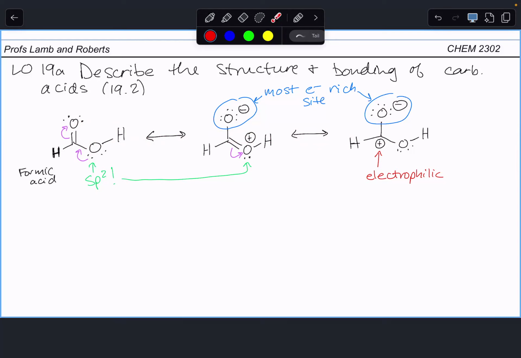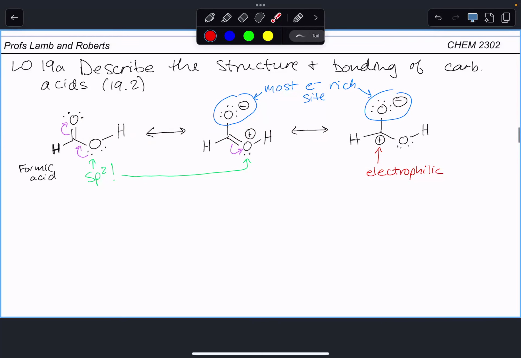Okay? So why does that matter? That matters because if we were to protonate, so we add an acid to a carboxylic acid, that's where it's going to protonate. So let's redraw our carboxylic acid down here. Like so. Okay.